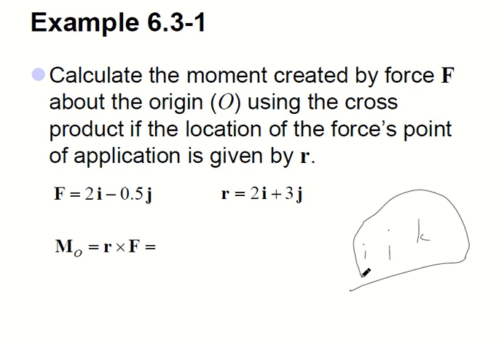We make them unit vectors to get our direction and the value. And your question asks you to calculate the moment created by force F about the origin O using the cross product, if the location of the force's point of application is given by R.